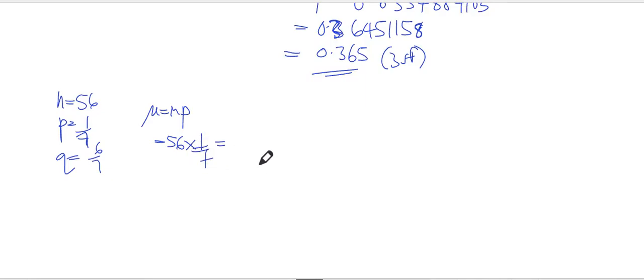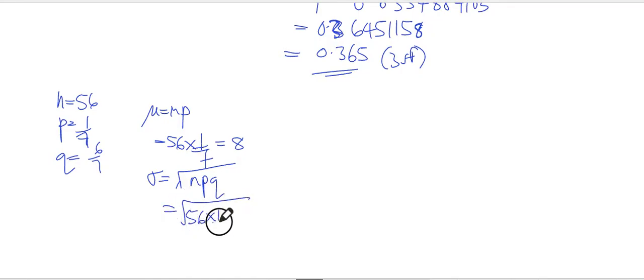And the answer is 8. The standard deviation is the square root of npq, which is 56 times 1 over 7 times 6 over 7, and the answer is square root of 48 over 7.